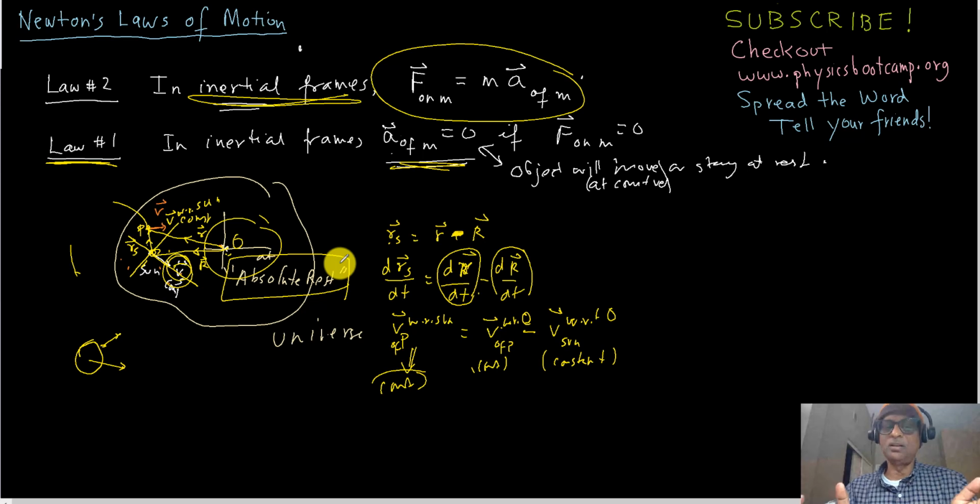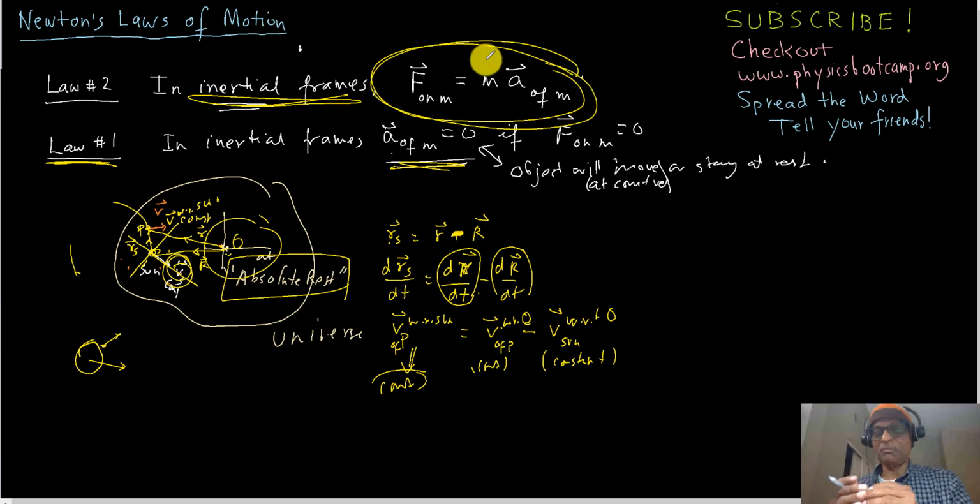However, if you're not doing the experiment for long enough, the change is not much and could be ignored for the purpose of that particular experiment. And then you can apply this to that experiment. However, strictly the law will be violated because you're not in an inertial frame.